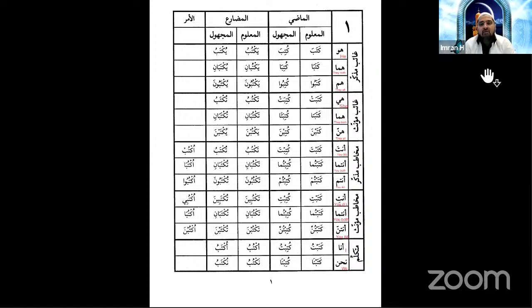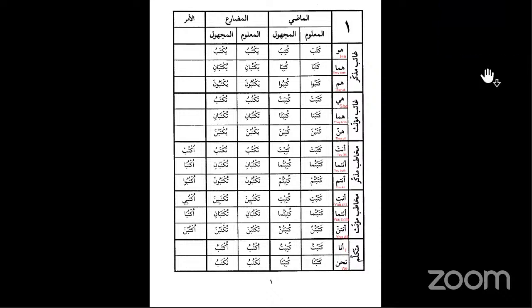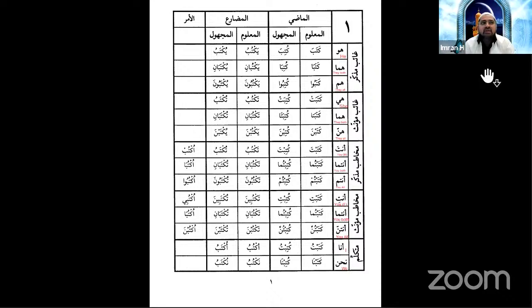Past tense would be wrote, but you can use written. When you say a letter has been written, the person who did the action of writing is not known. The only thing we know is that a document has been created, but who wrote the letter, we don't know. So that is called the passive tense. In Arabic, we call it majhul.